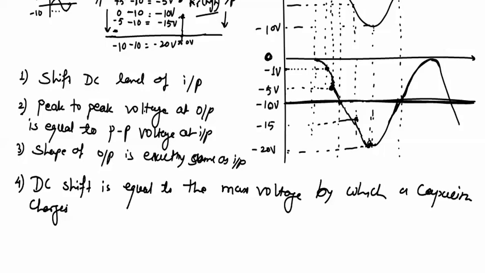Means the DC shift in the waveform is equal to the maximum voltage by which the capacitor charges. So if the capacitor charges by 20 volt, DC shift will be plus 20 or minus 20 volt depending on the polarity of the charging of the capacitor. So the shape of the output waveform will be the same, peak to peak value will be the same, DC shift will be equal to the maximum voltage by which the capacitor charges. These are the conclusions drawn from this circuit, from these waveforms.